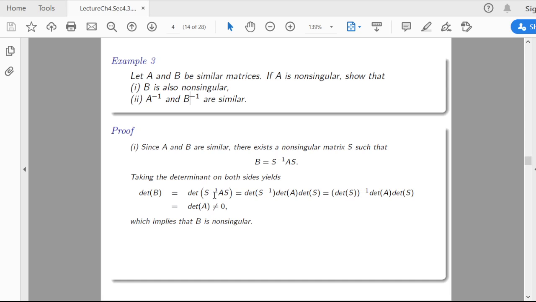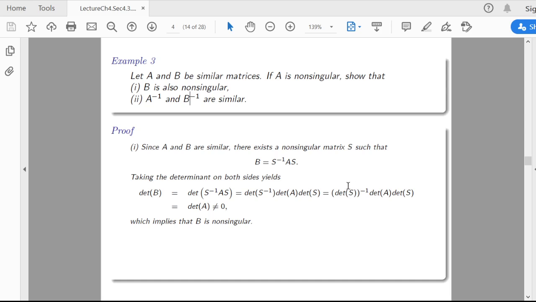To evaluate that, we take the determinant of each one, because each one is an n by n matrix. So we get the determinant of S inverse times the determinant of A times the determinant of S. And the determinant of S inverse is the same as taking the determinant first and then the negative power, that is, the reciprocal of the determinant of S.